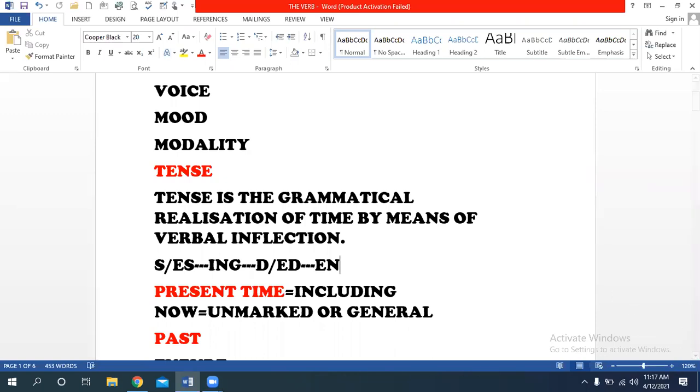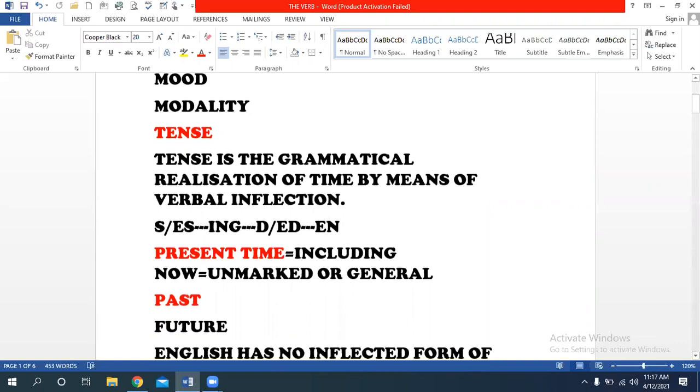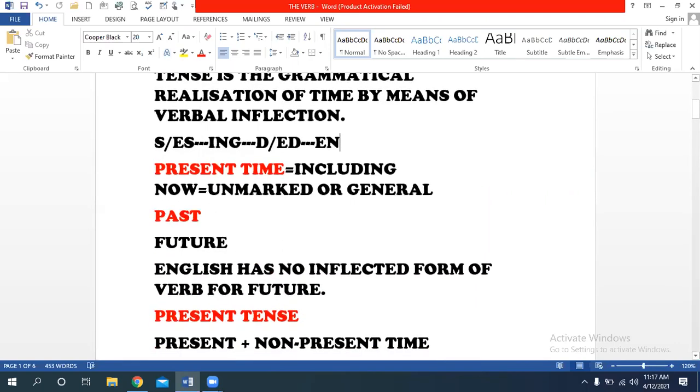So we have basically three tenses: present, past, and future, that we talk about, especially when we talk about the types of tenses in English language. Present tense, or the present form, is most of the time called the simple form or unmarked form. Past refers to past, and future refers to future.